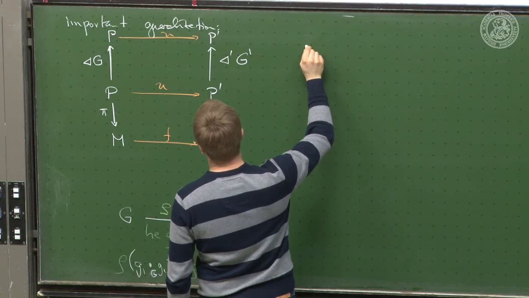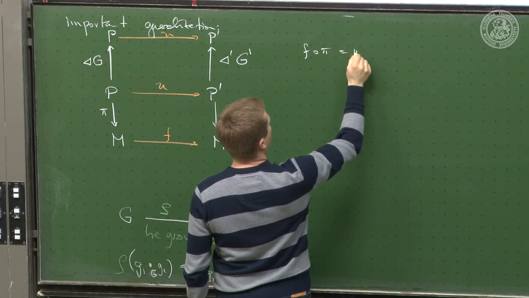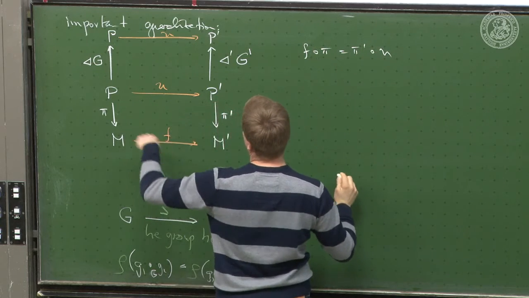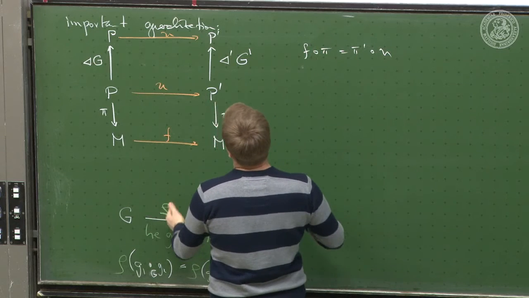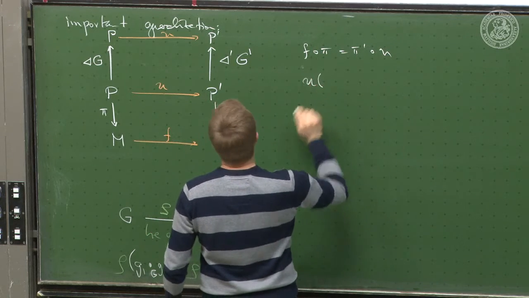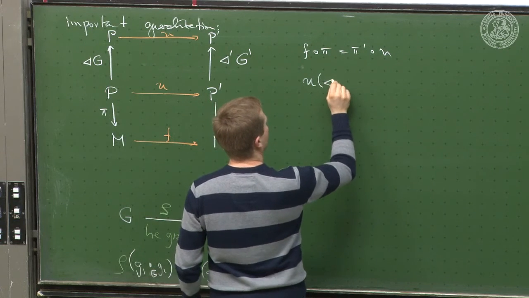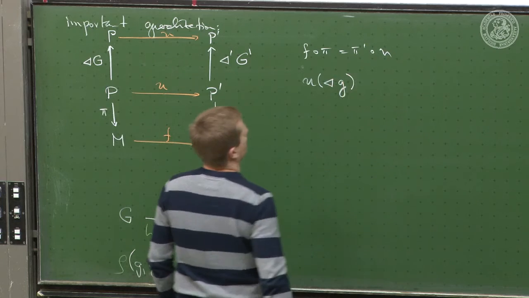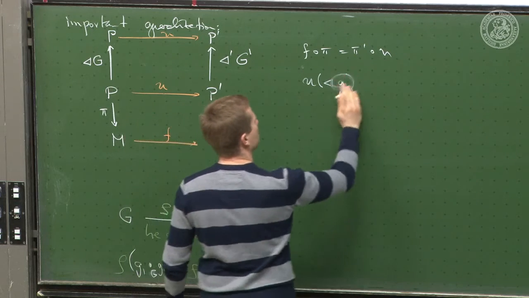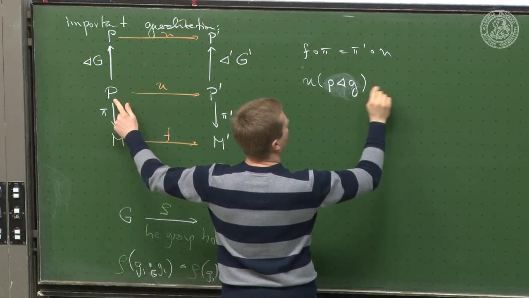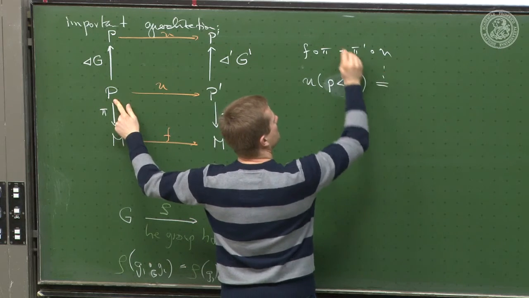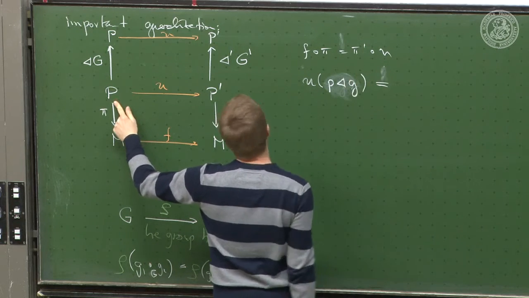So again, F after pi is pi prime after U, the bundle map aspect. And now here we can employ this. We can say, aha, U after this action, so U after this guy acting on a point P that we take from here, now, well, it's a requirement.